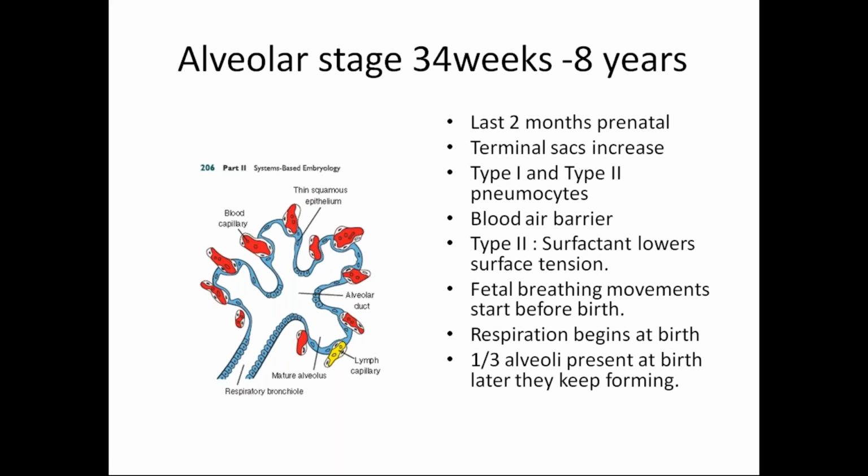The pneumocytes have a very important function. Type 1 and type 2 pneumocytes, which are lining them, form the blood gas barrier where exchange is taking place. So the type 1 cells are the ones where exchange of gas takes place, while the type 2 pneumocytes secrete surfactant which lowers the surface tension.